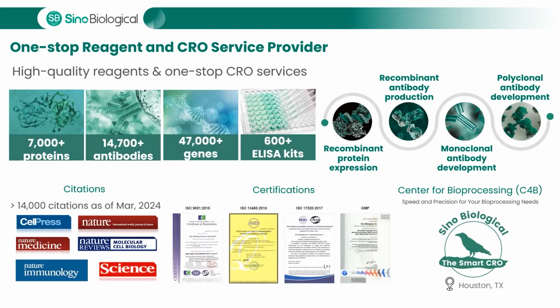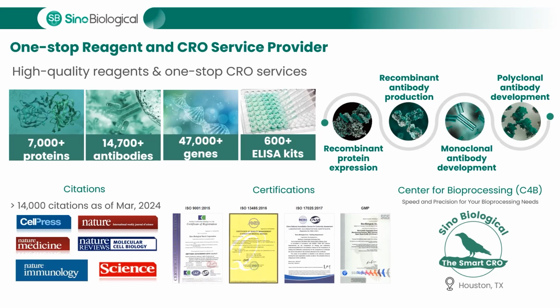An extensive catalog. We offer over 7,000 proteins, 14,700 antibodies, more than 47,000 genes, and another 600 ELISA kits, providing a diverse selection of tools to support your research needs. Our vast collection covers various species, including human, mouse, rat, and more, allowing you to explore different biological systems and pathways.